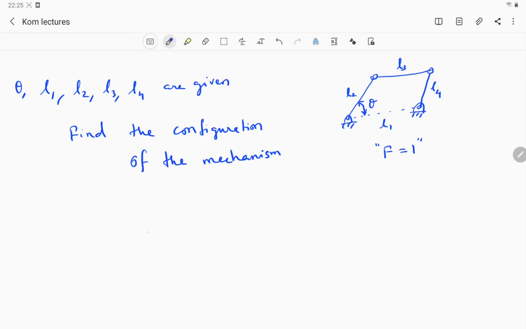First, let's mark the points. Let's call this O2, and let's call that O4. Let's call that A, and let's call this B. Maybe I will draw somewhere here.